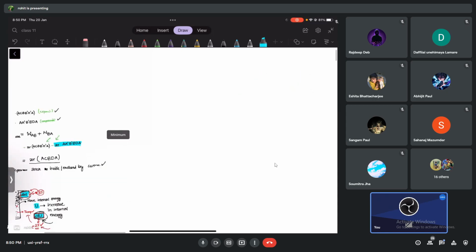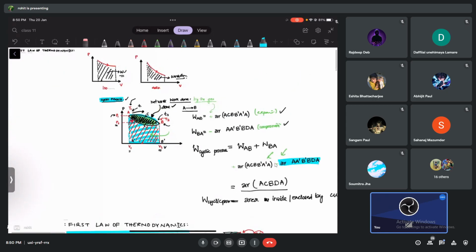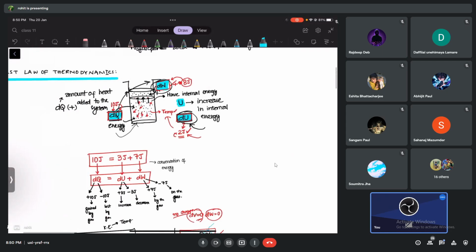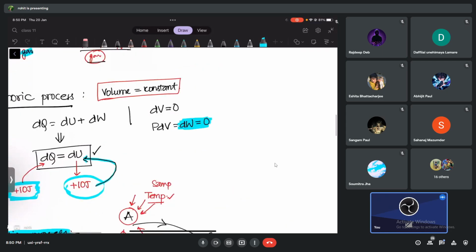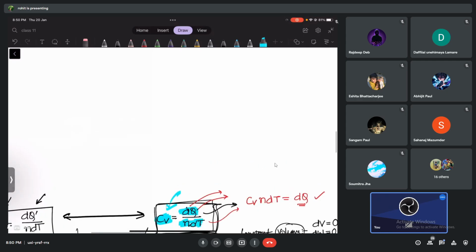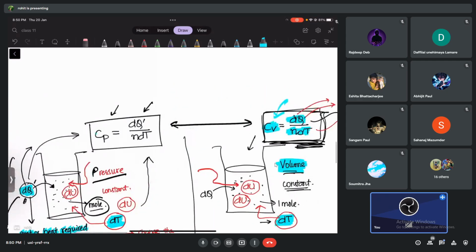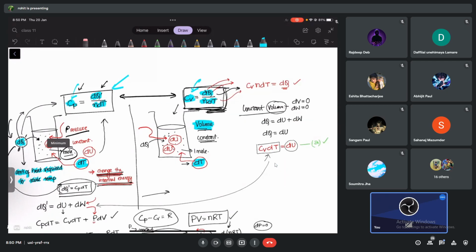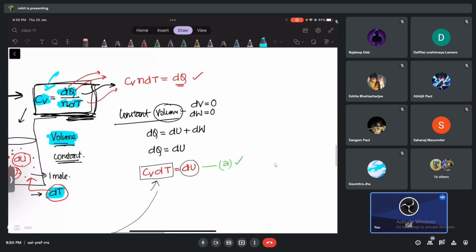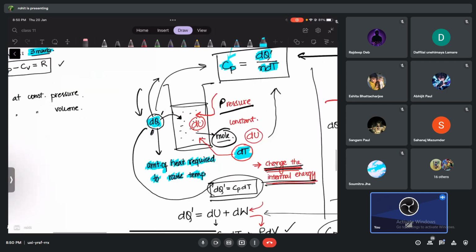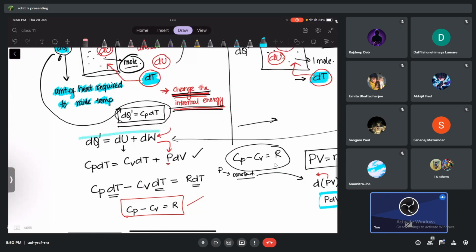And this is the amount of heat required to raise the temperature per mole per degree rise, but keeping constant pressure. So this is our starting point, and everything else will come into the picture once we start writing the first law of thermodynamics in both the cases. So I'm writing here also for the case of constant pressure.